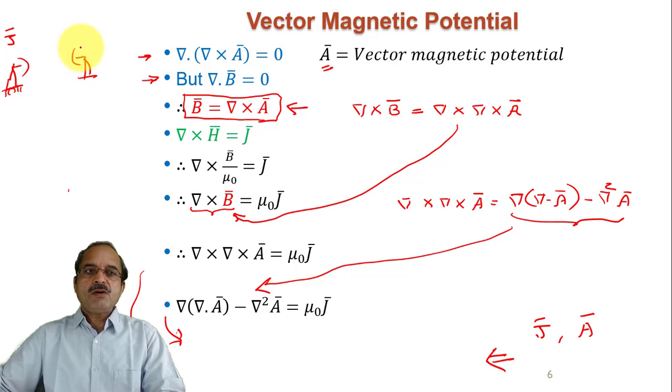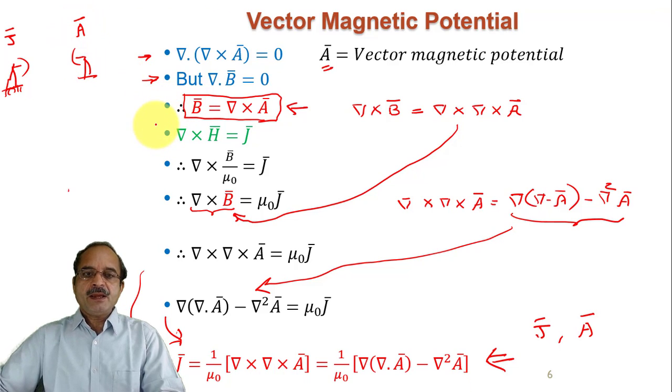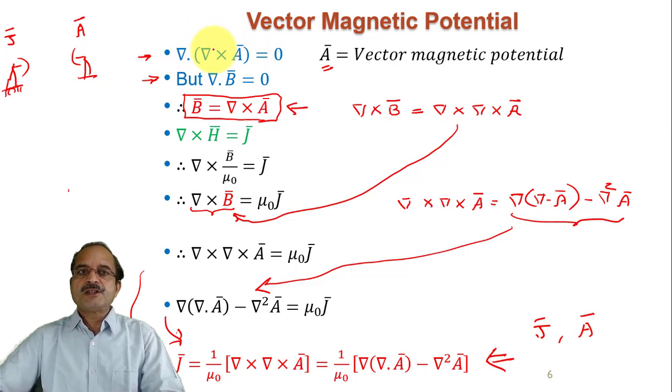Now if you want to find out what is the potential induced inside this antenna, that potential is the vector magnetic potential A. So using this relationship between J and A, we can find out the potential induced inside the antenna. So that is one of the main applications of this concept, vector magnetic potential.